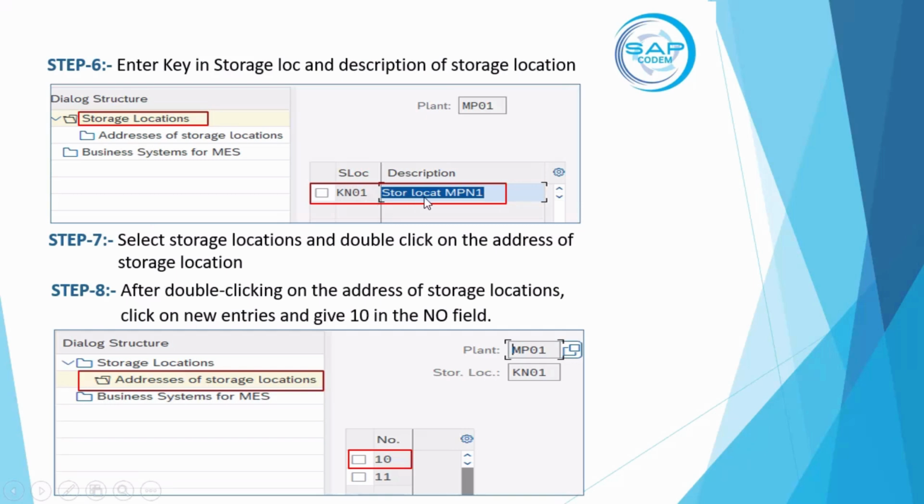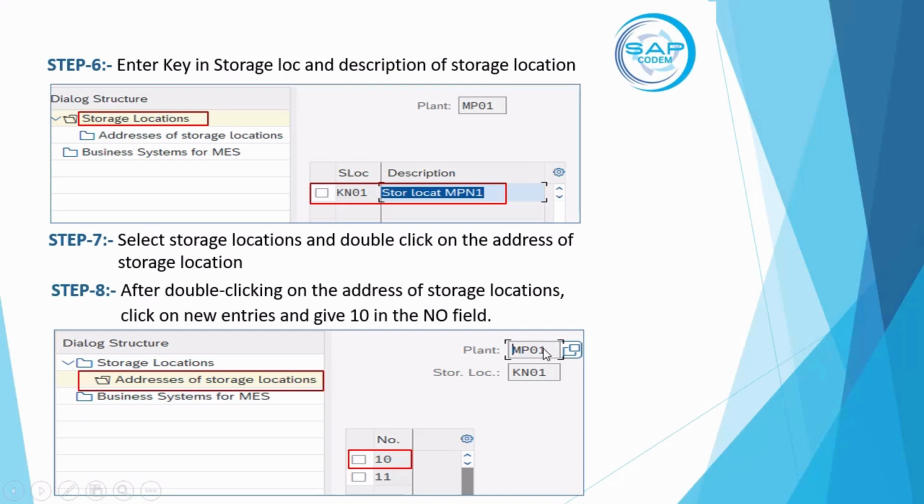Then you enter the description, and then highlight this, double click on this address, you will get this screen. We'll be seeing this in a real-time SAP system. Double click on this, you'll get this one. Then enter 10.